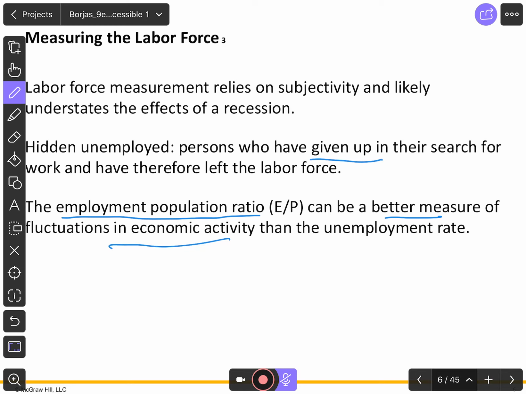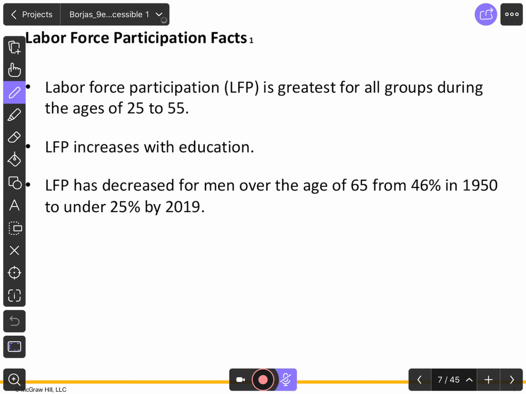I'm assuming that all the terminologies that I'm saying are things that you have already covered in macroeconomics. So when we look at the statistics on the BLS, and whatever you see here on the slide, I want you to go ahead and just check it on the BLS. The labor force participation is the greatest for all groups during this age.